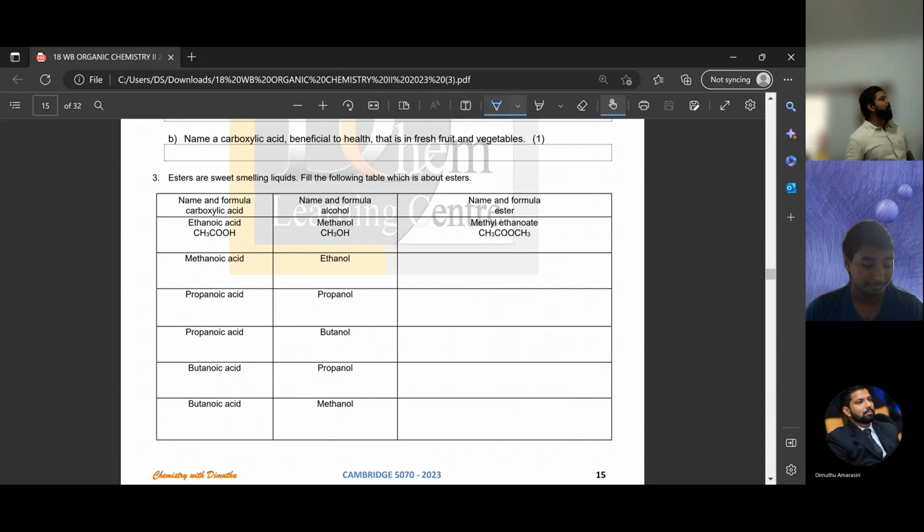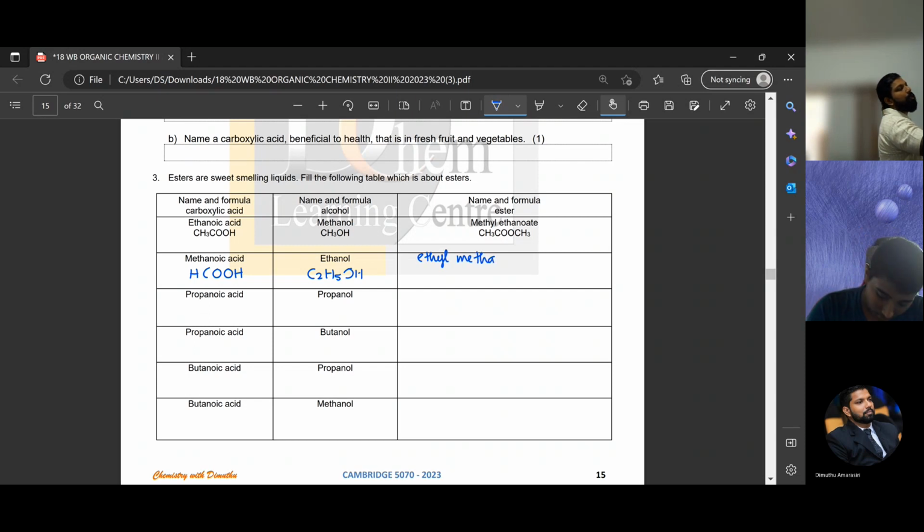Right, you know methanoic acid is HCOOH. Ethanol is C2H5OH. So this is ethyl methanoate. Ethyl methanoate.